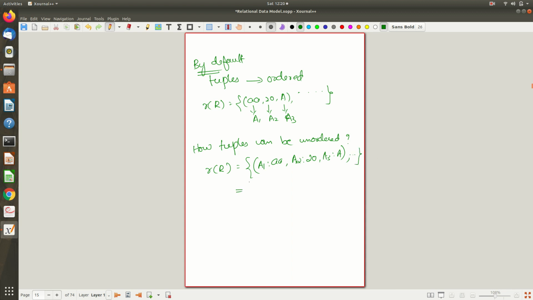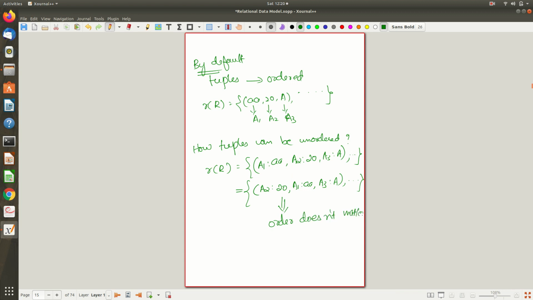Then this is the same as if I change the order, like saying A2 has a value 20. Now it is clear, you don't have to worry about how it will relate, because it clearly says that attribute A2 has a value 20. Similarly, attribute A1 has a value A, and A3 has a value A. So you can write them in any order. Now order doesn't matter. If you are using this kind of convention, order doesn't matter.